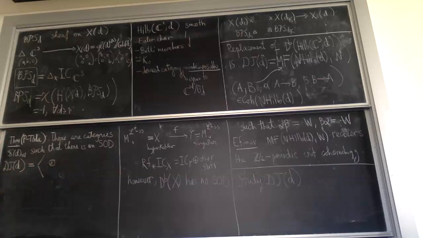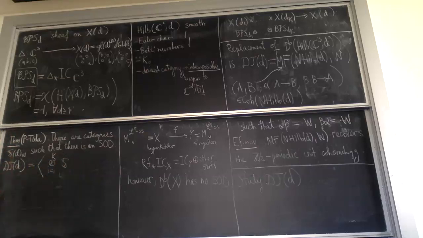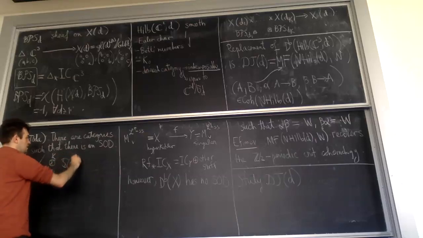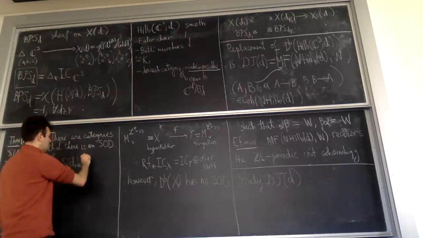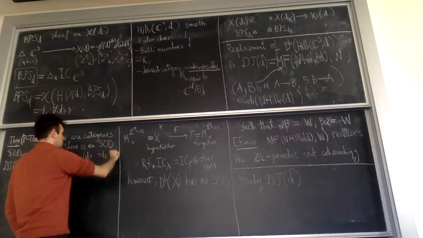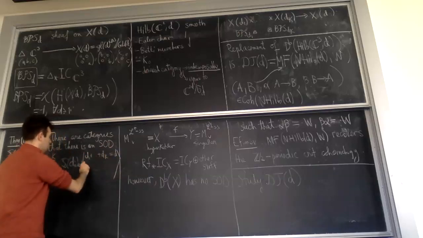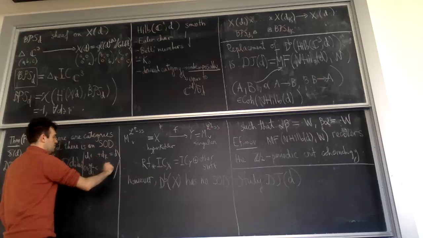I'll also explain what this product is. So it will be some product of these categories S_{d_i,w_i}, with the property that d_1 plus ... plus d_k equals d, and that 0 is less than or equal to w_1 over d_1, less than ... less than w_k over d_k, less than 1.